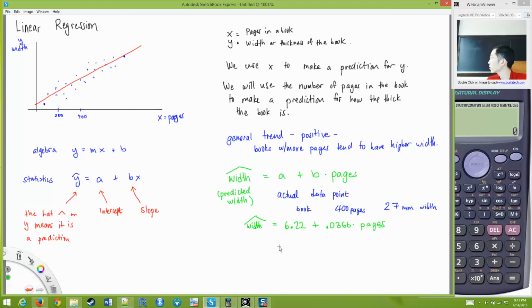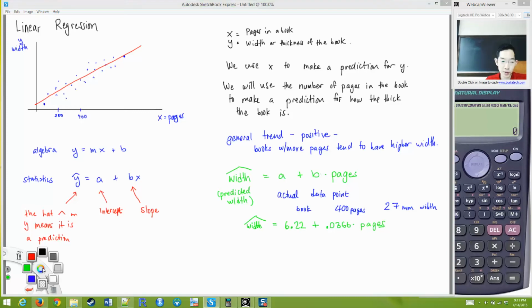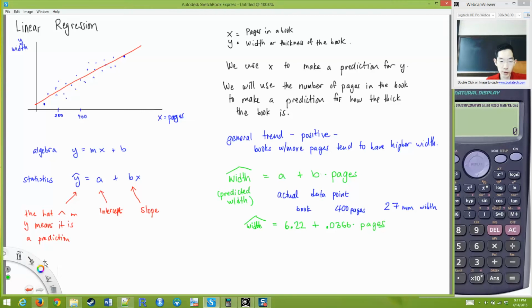Okay. So this is our prediction equation. The actual data point was that a book with 400 pages was 27 millimeters wide or millimeters thick, okay?